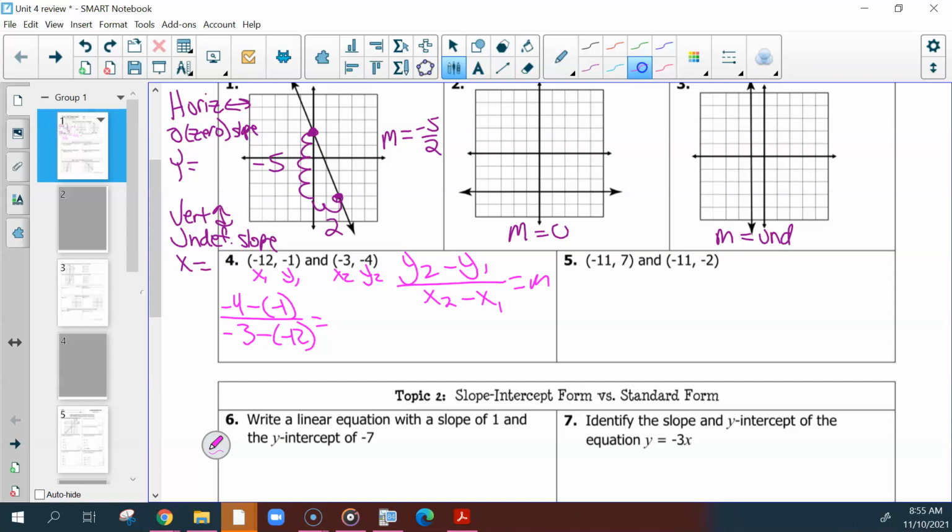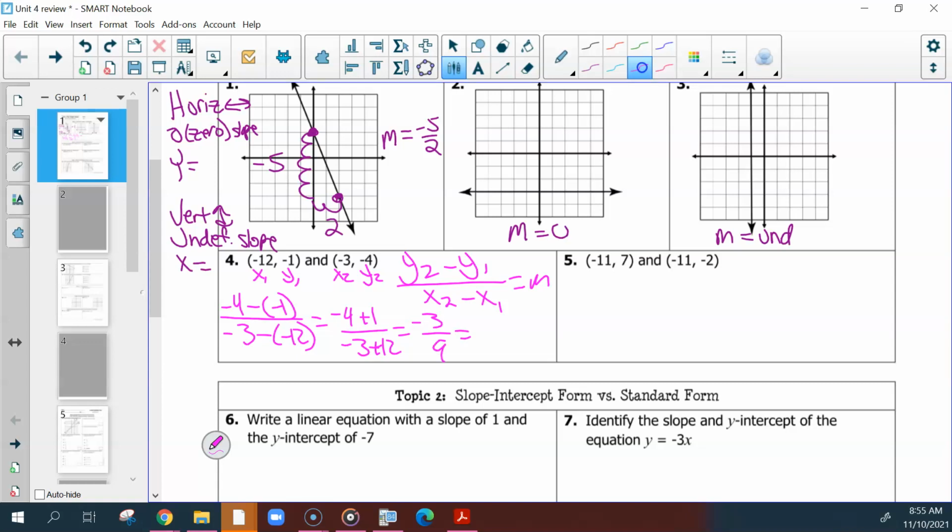If you want to do everything by hand and maybe rewrite this first, you can do that. Remember, the negative and the minus come together, make a plus. So -4 plus 1 would give us -3. -3 plus 12 would give us 9.